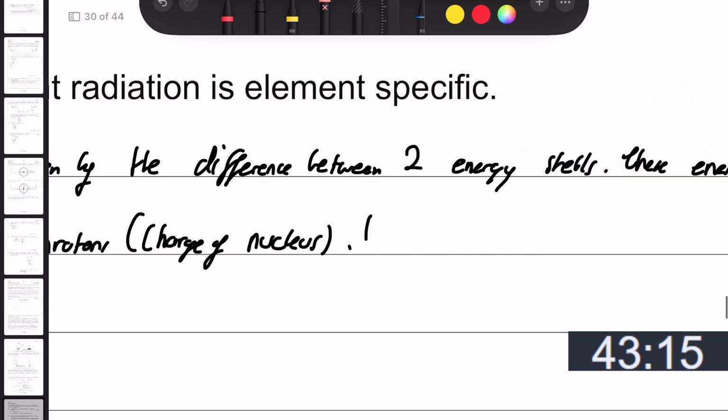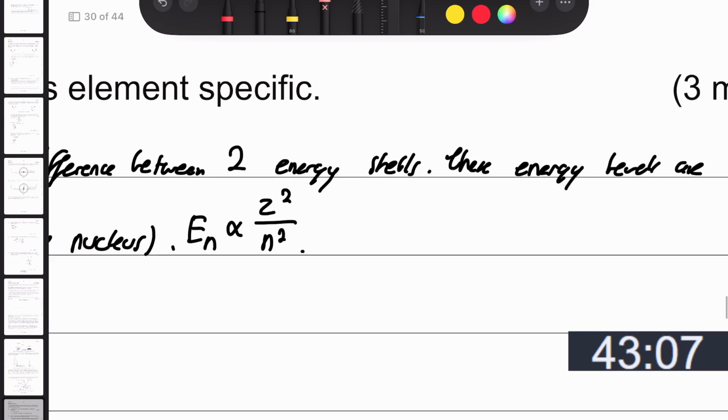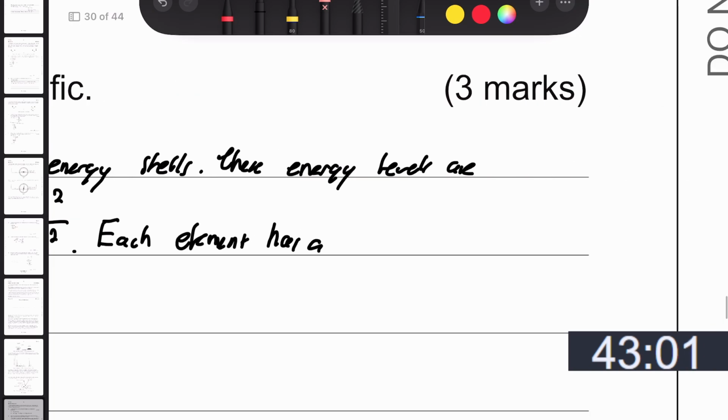Each element has a unique number of protons.